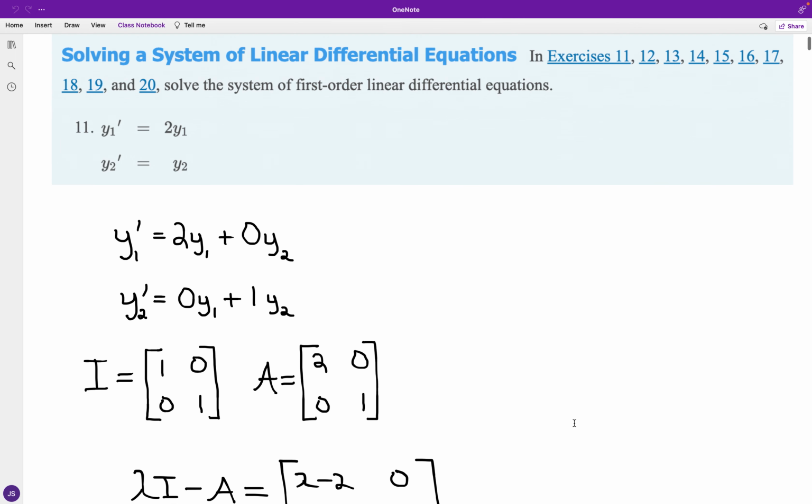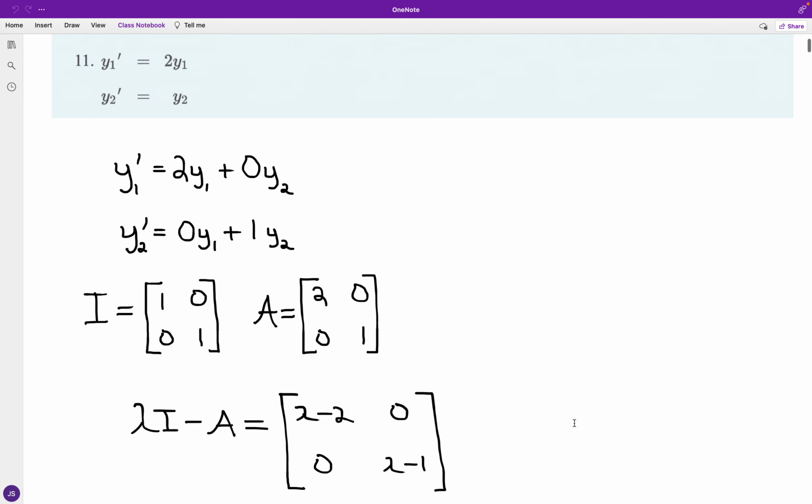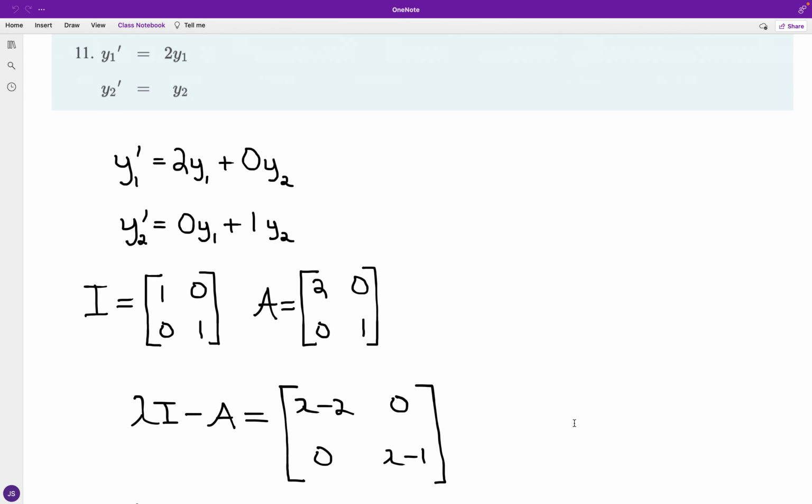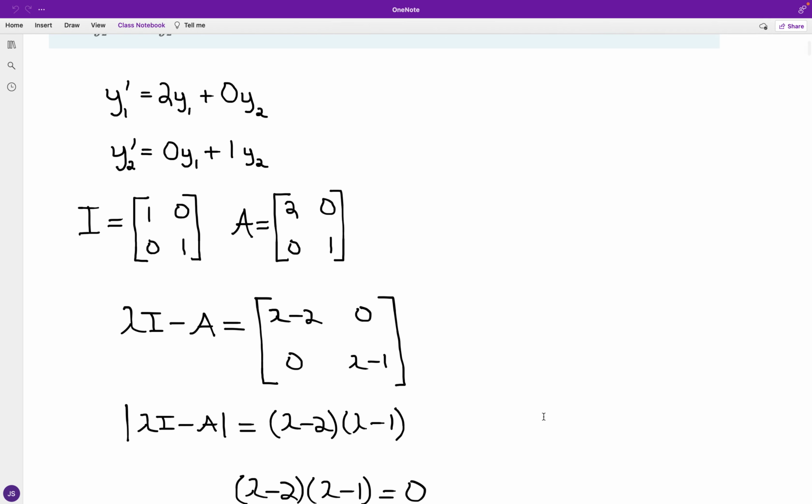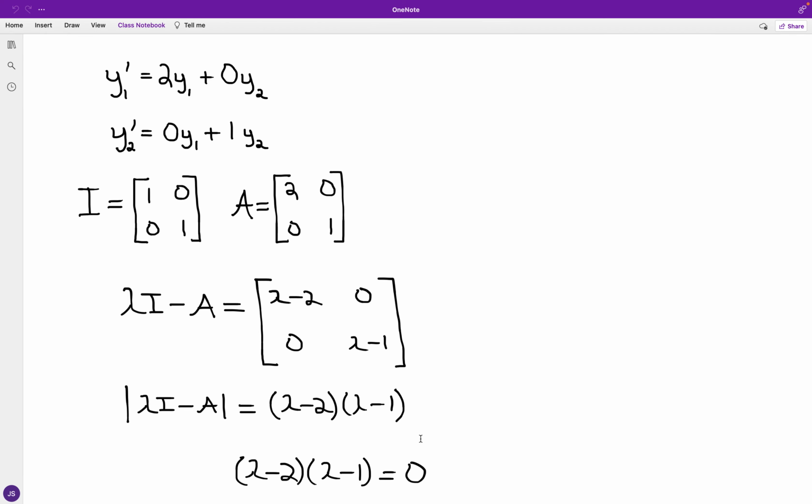Setting things up, we now look at the determinant of lambda times I minus A. The difference comes out to the matrix with lambda minus 2 and 0 in the top row, and 0 and lambda minus 1 in the bottom row. The determinant is the product of lambda minus 2 times lambda minus 1, which establishes the characteristic equation.